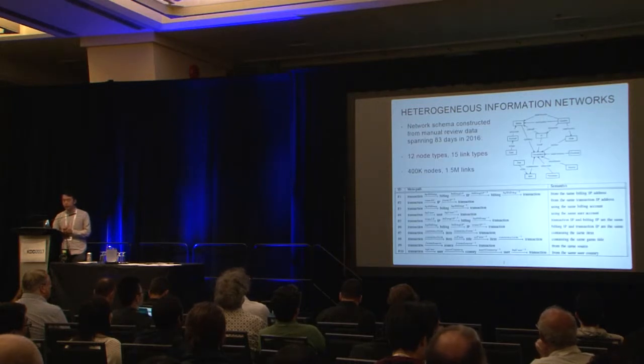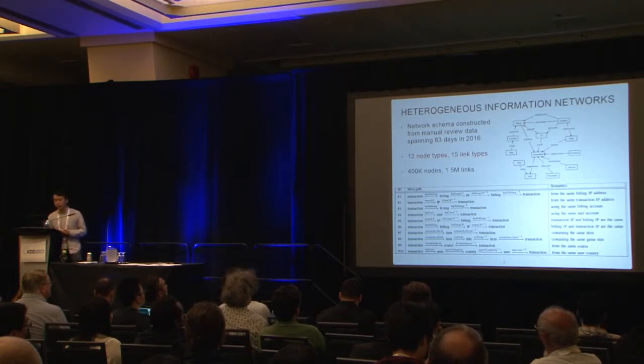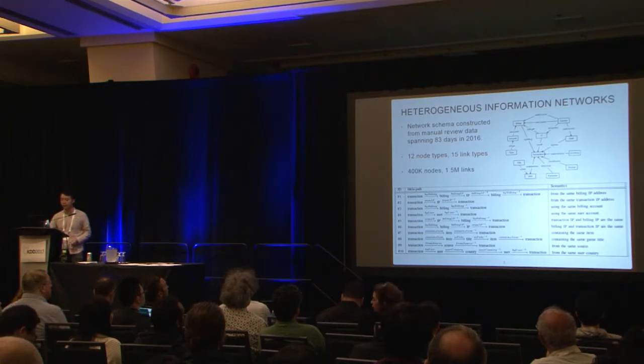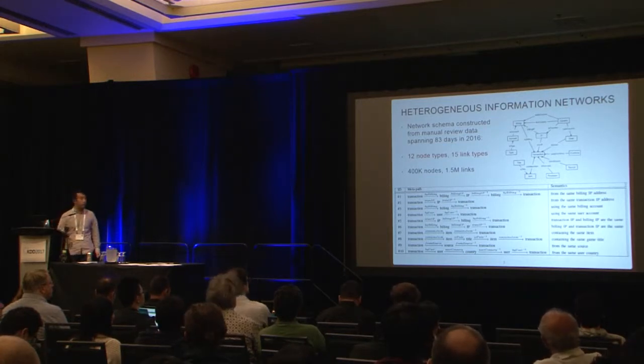In our data sets, we collect our data at EA and we construct this kind of network schema as shown in the right figure. We have transaction as one of the most important entities. That's our target we want to predict. We can connect other types of entities, including IP address, billing IDs and countries.